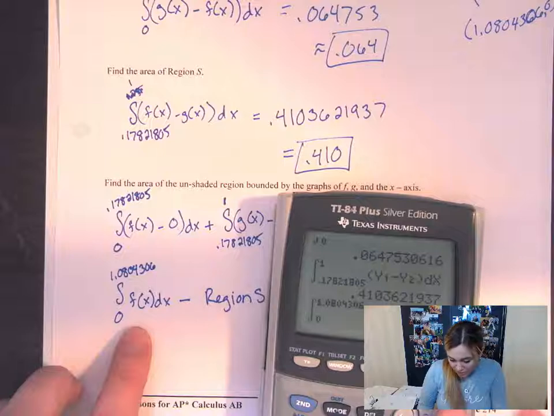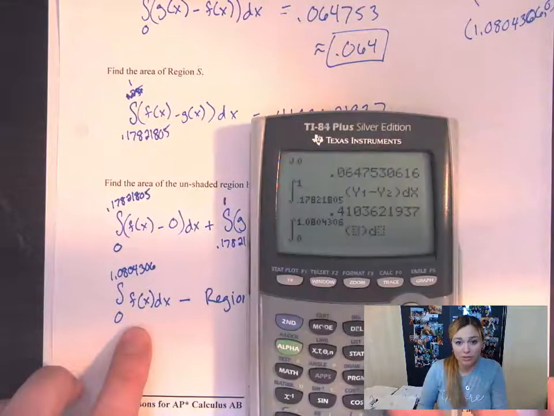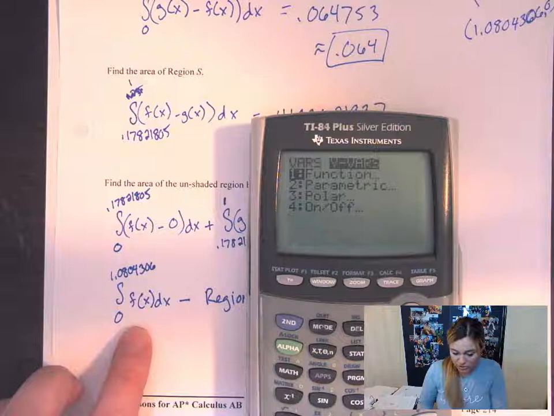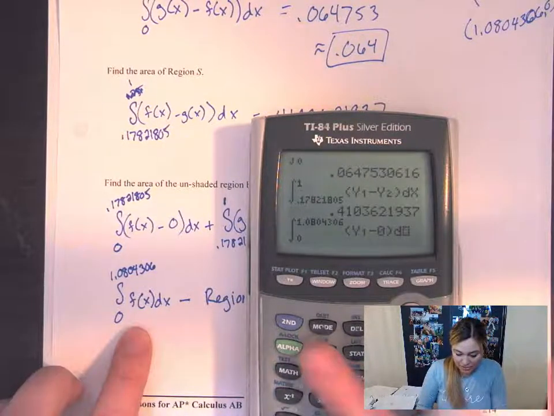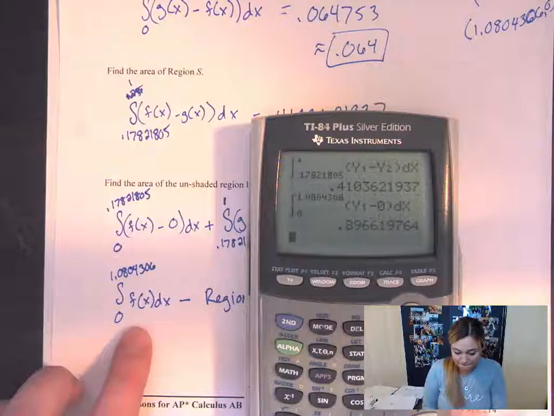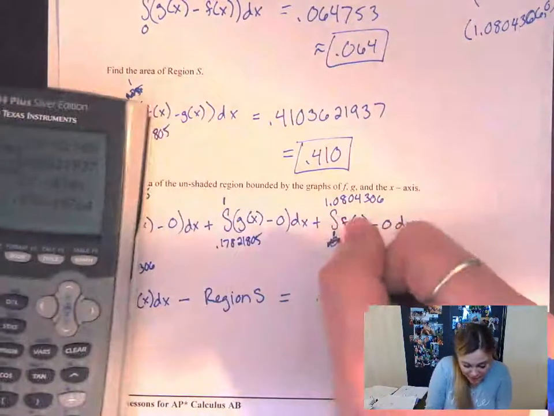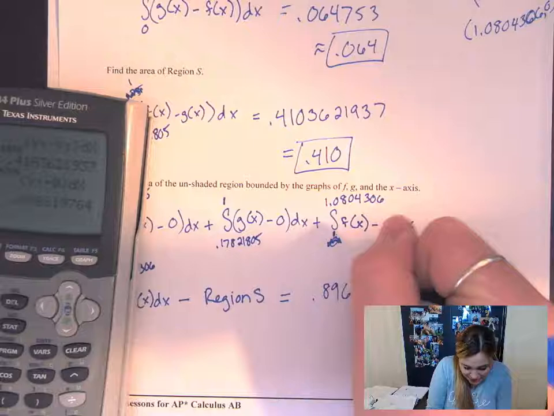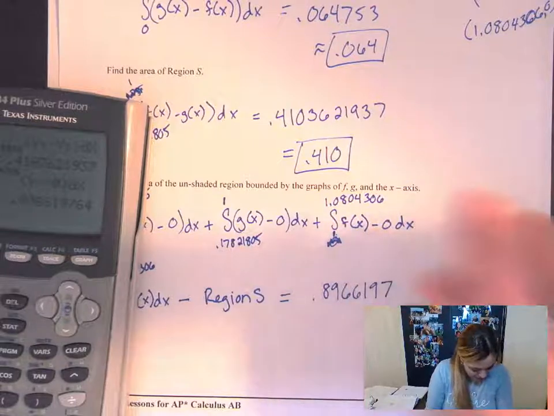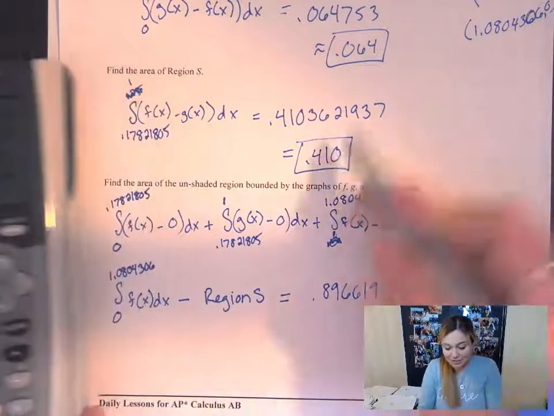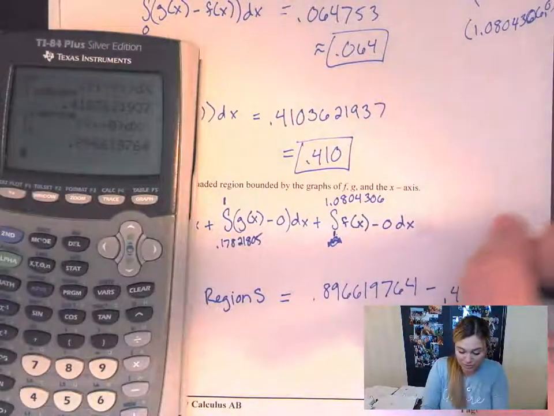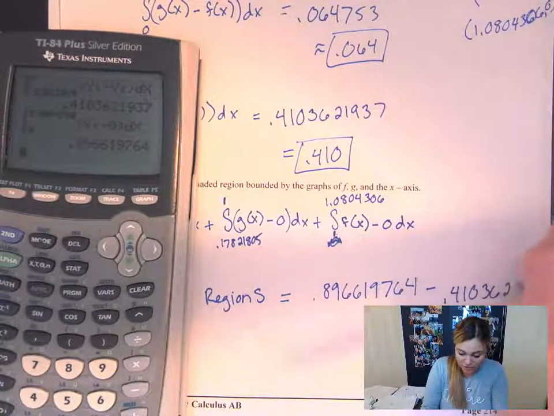That's my y1 value, so I'm going to do a vars, y vars function y1. You can put y minus 0 or not. And I get 0.896619764 minus region S was right up here. We know that this is 0.410362197.